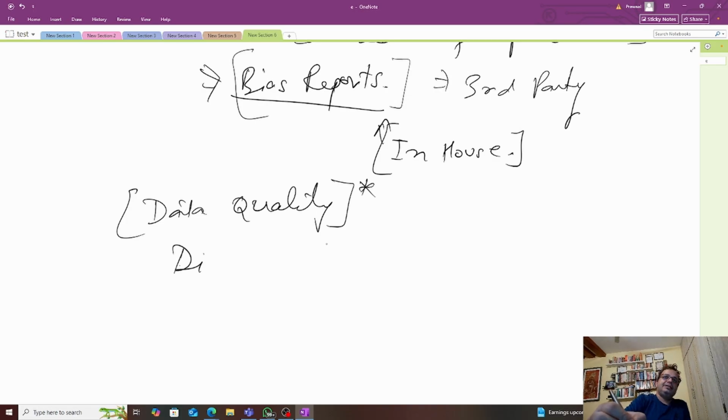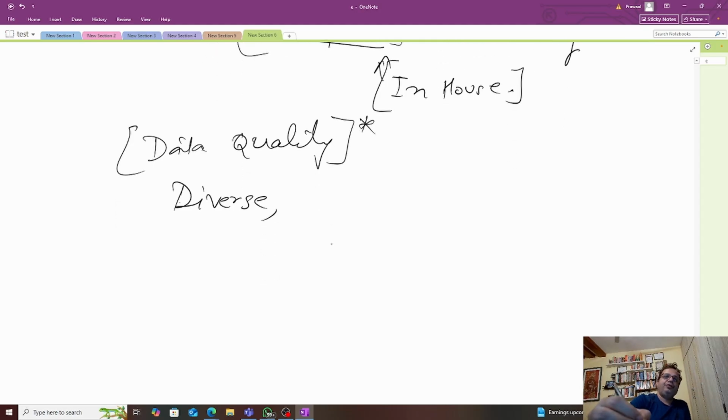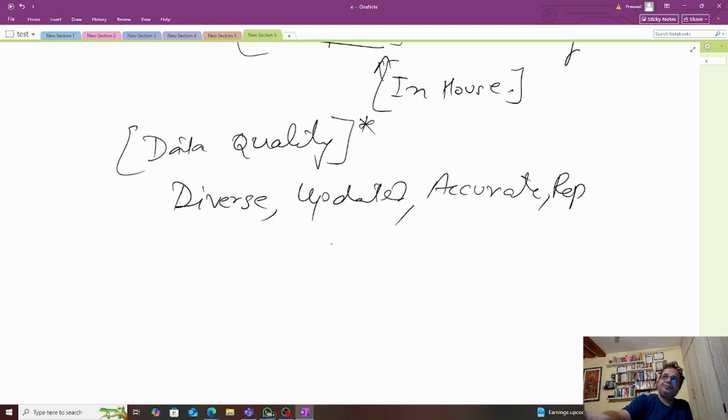So if your data is diverse, a true representation of the population that you want to work with, if it is updated and not stale, if it is accurate, if it is truly representative, if your data is free from past prejudices, then your data is good. But it's just a wish list. You may not always have these things.